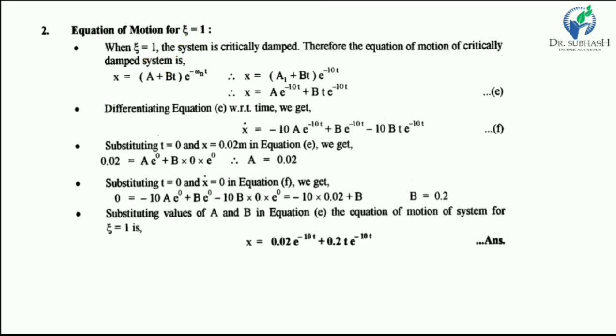The similar procedure is followed as in the over damped case. So here we open the bracket and simplify the equation, and now we differentiate the equation with respect to time, so we get the equation of velocity.